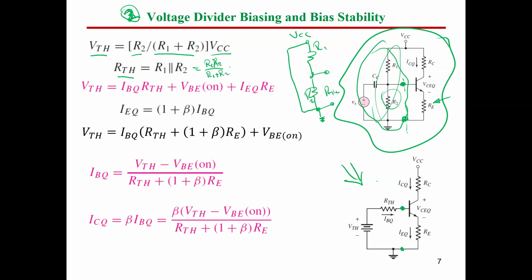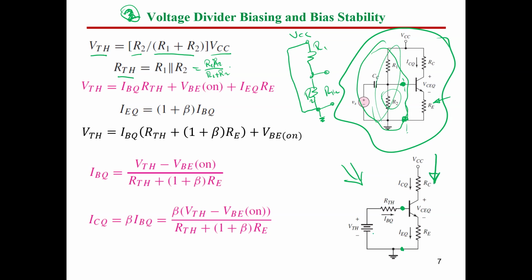If you would like to make the analysis now for this circuit, from the output side, guys, we still have the same equation. We don't have any change. VCC equals IC times RC plus VCE plus IE times RE. You can replace IE by 1 plus beta times I base, and IC equals beta I base. So this is going to be the equation of the output right here.